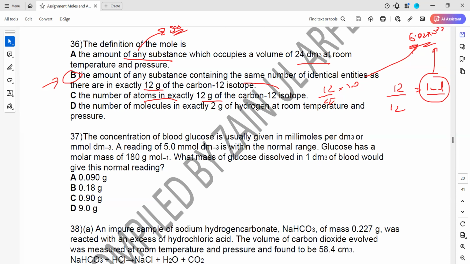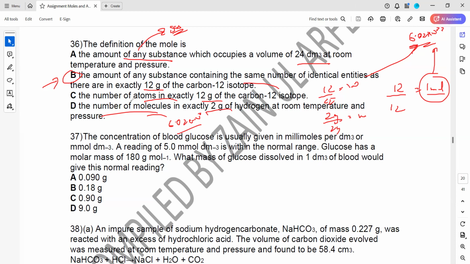And the number of molecules in exactly 2 gram of hydrogen. So 2 gram of hydrogen will contain 1 mole, and 1 mole contains 6.02 times 10 to the 23 particles. That's right, Avogadro's number. But this part is only explaining moles in terms of hydrogen, and option C was explaining moles in terms of carbon.